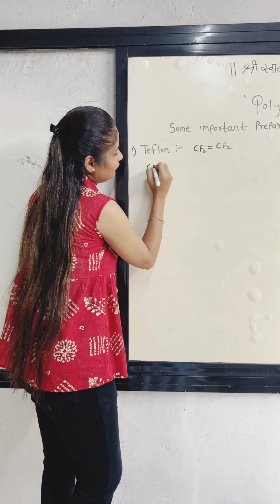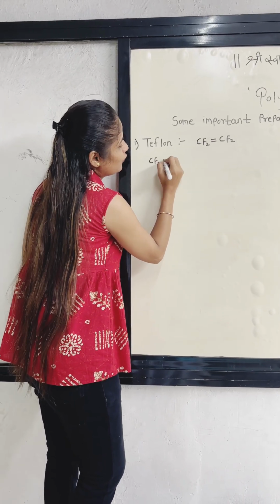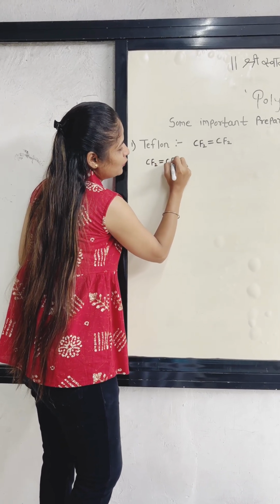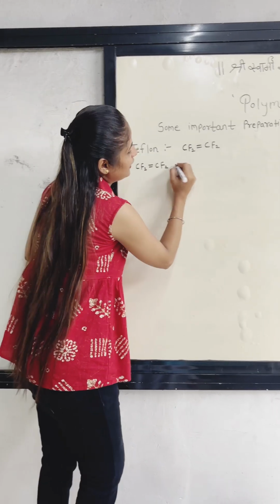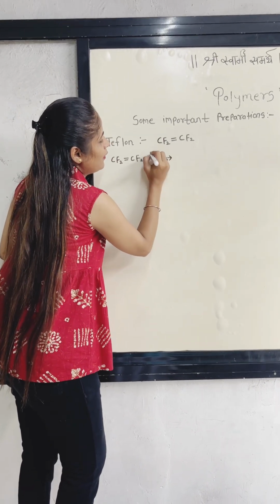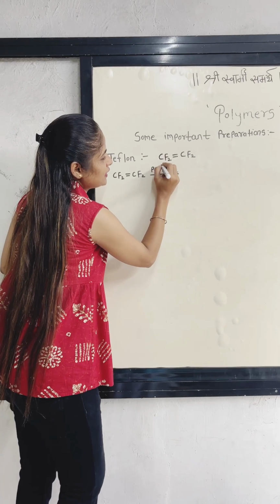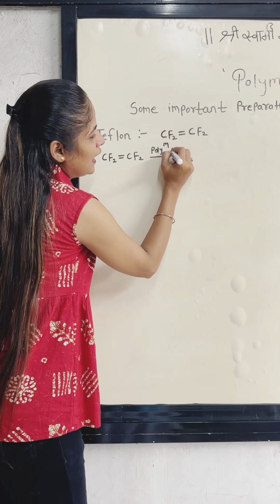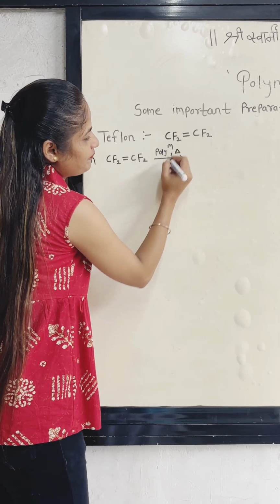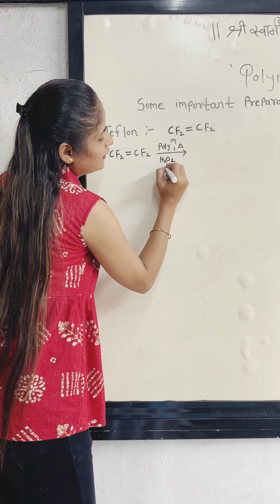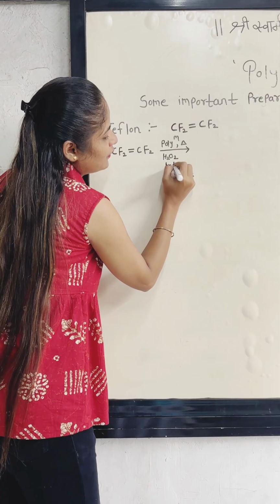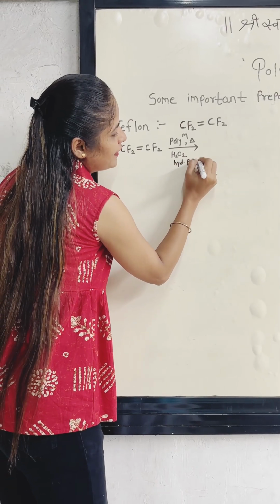So now we write the monomer, that is CF2=CF2, n number of times. Then it undergoes the polymerization reaction at a higher temperature, by using the free radical initiator, that is the hydrogen peroxide.